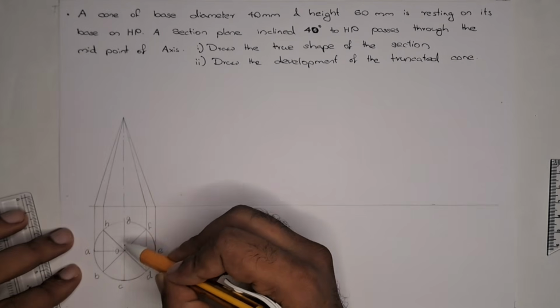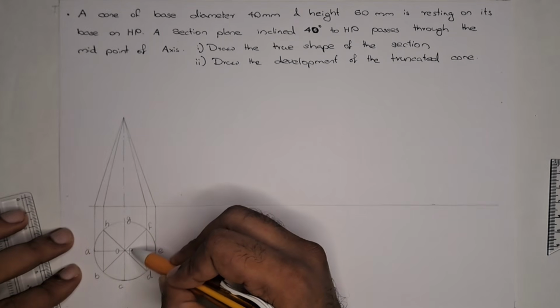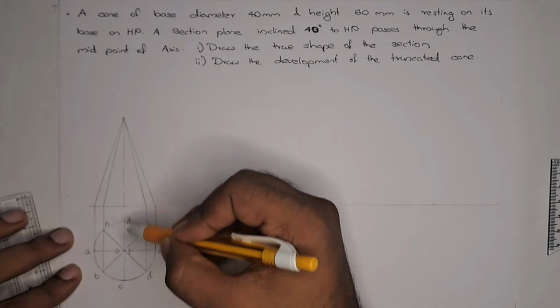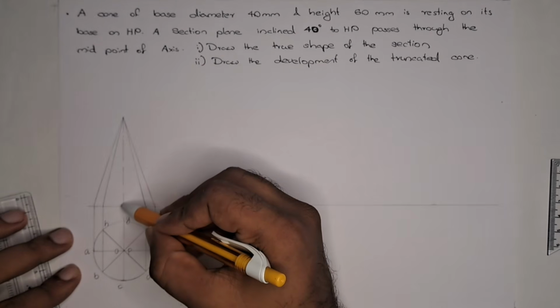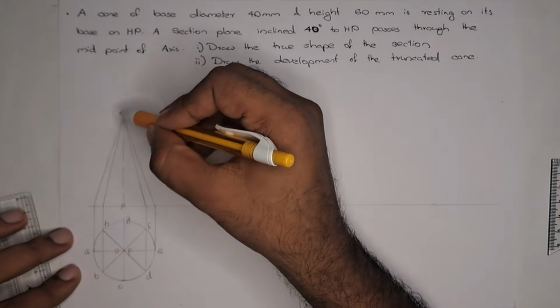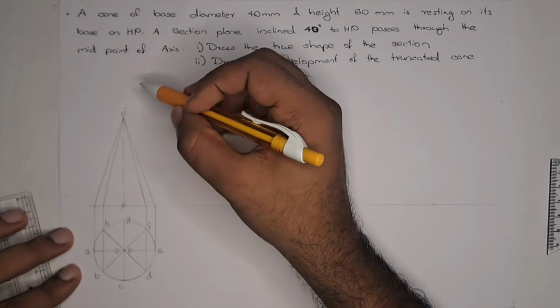This is the apex O, the axis bottom P. So here it will be P dash and O dash.